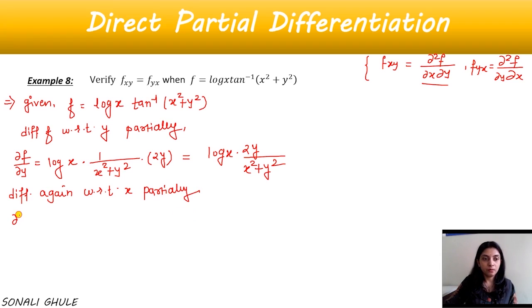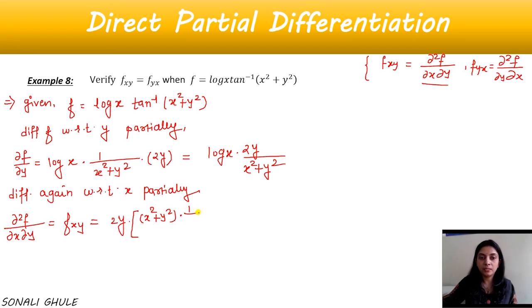So here dou 2 f upon dou x dou y means that will give us the value for f_xy. So 2y is constant with respect to x, so we can keep outside, and use u by v rule for log x and x square plus y square. See here what I can write. First of all, your denominator is constant, derivative of log x is 1 upon x minus.